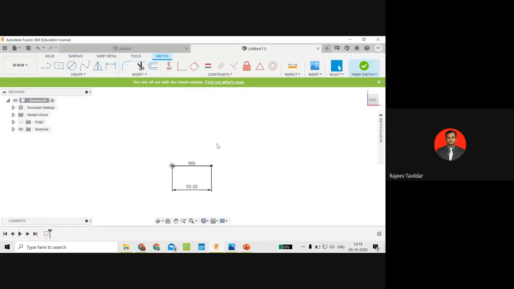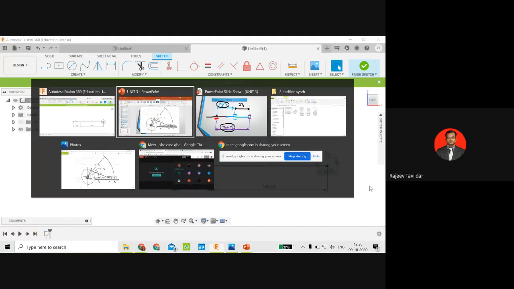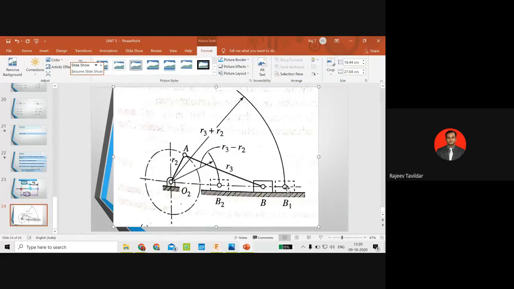This is the crank. Now what I'm going to do is take a random length. Any length, I'm not specifying any length. I'm just going to use some random length, say of 148 mm, and I'll assume that this is the B1 position. The slider is over here. I have assumed the B1 position at some random distance.